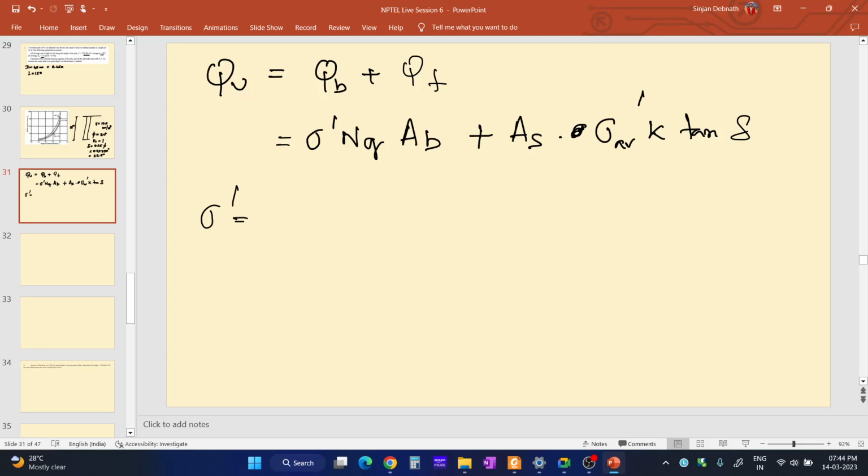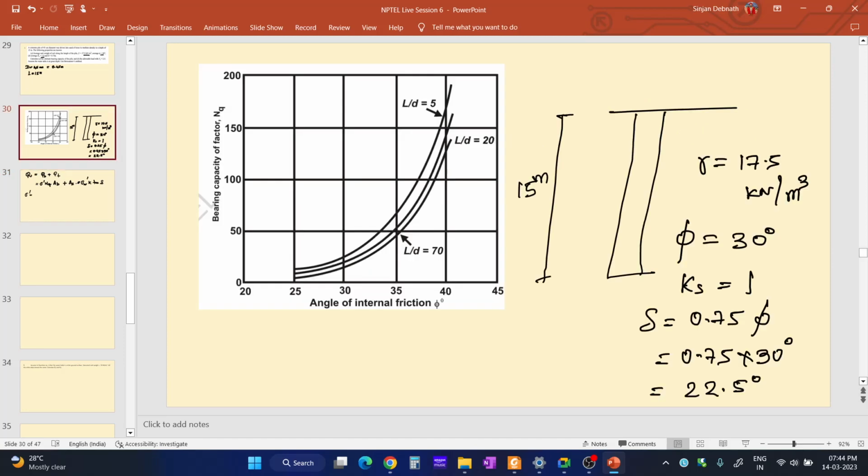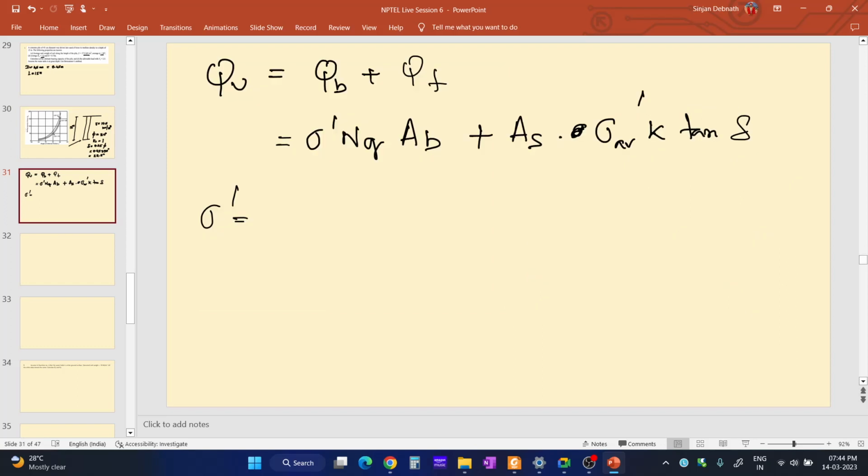So what is the value of sigma dash at this portion? At the base of the pile, because we are finding out sigma dash for the end bearing.